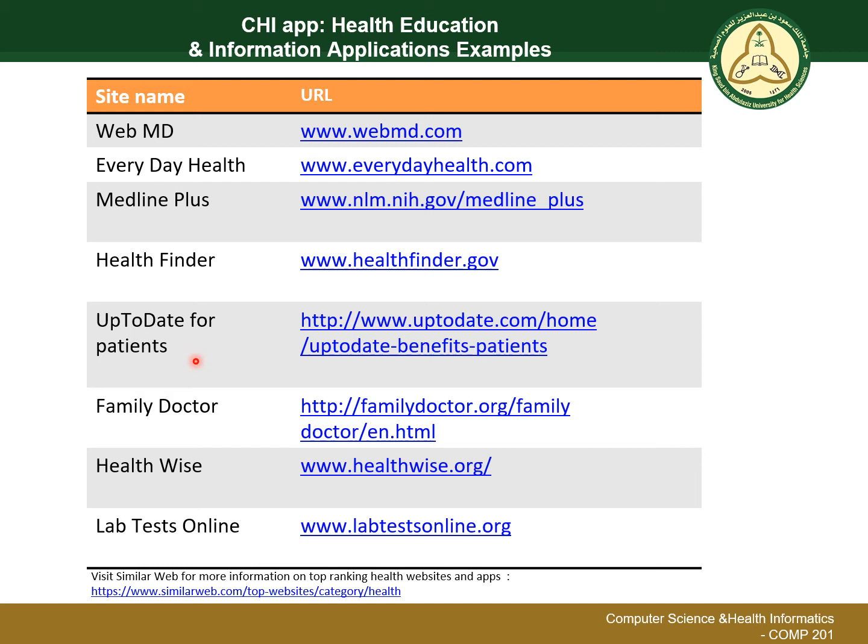And we have FamilyDoctor. This is a website sponsored by the American Academy of Family Physicians. It has information covering all age groups as well as over-the-counter drugs and a large library of health videos.